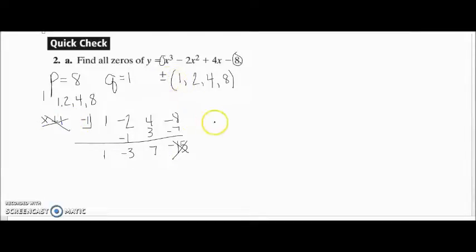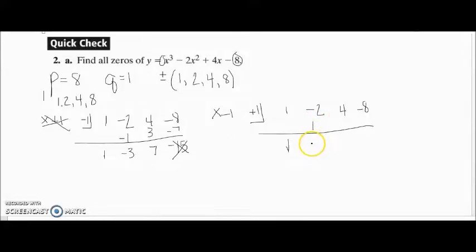Let's try the next one, x minus 1. We change this negative to a positive 1. Bring down each of the coefficients. 1, -2, 4, and negative 8. Bring down the 1. 1 times 1 is 1.